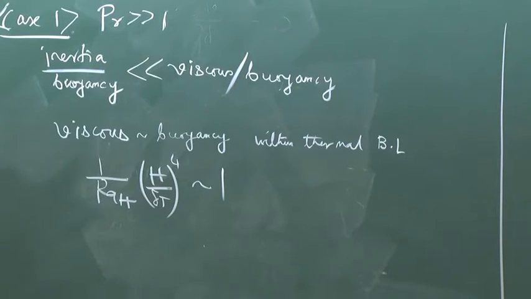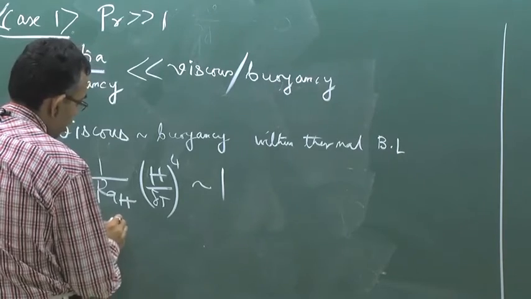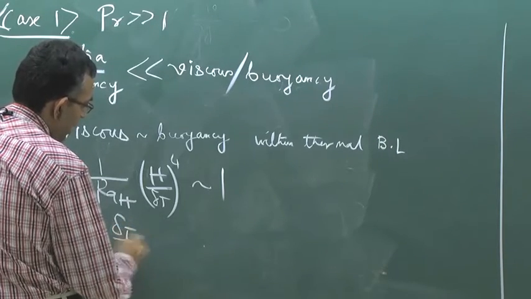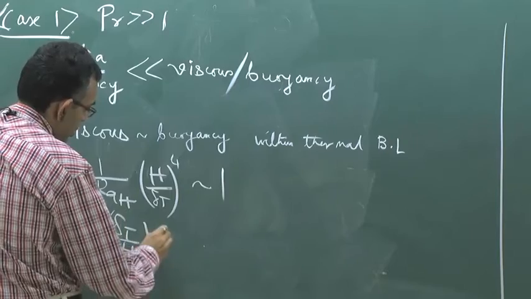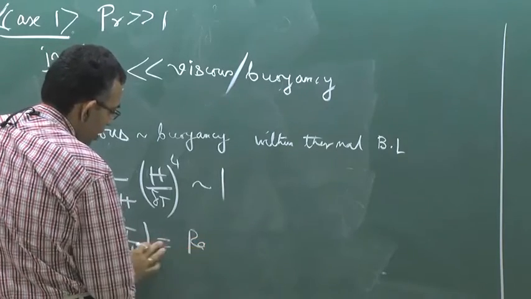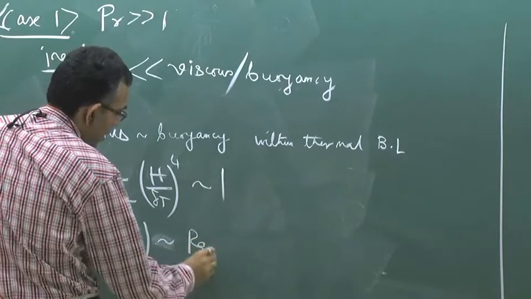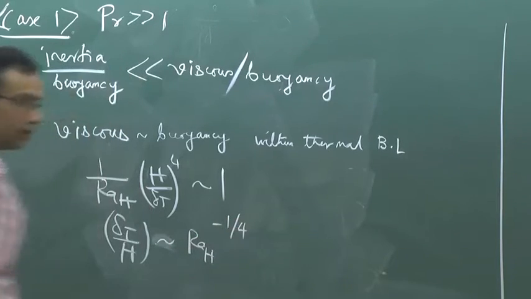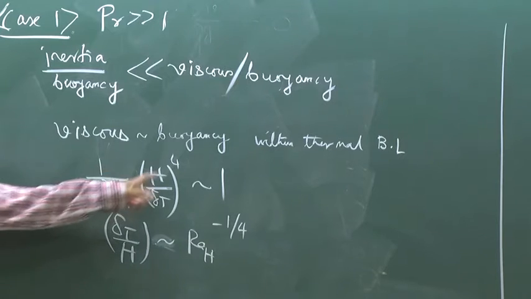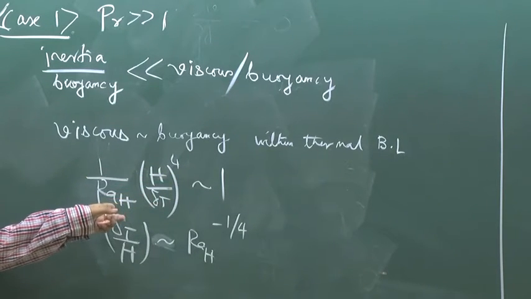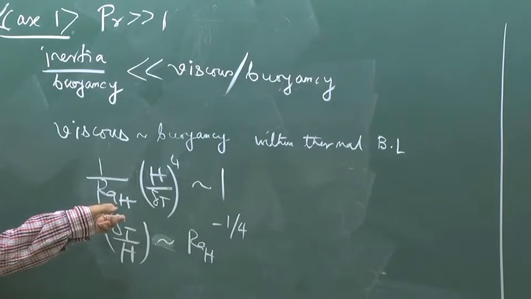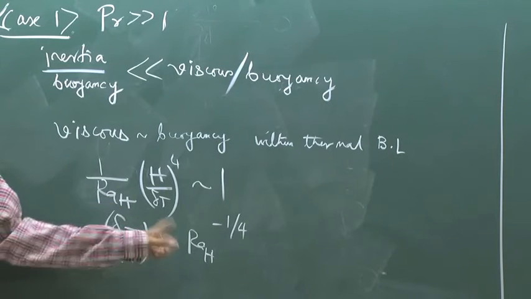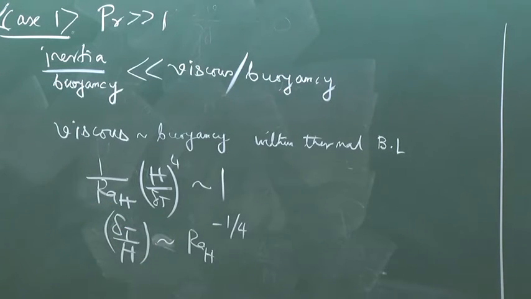That means, from this delta T by H to the power 4 is of the order of Rayleigh number to the power minus 1. So delta T by H is of the order of Rayleigh number to the power minus 1/4.